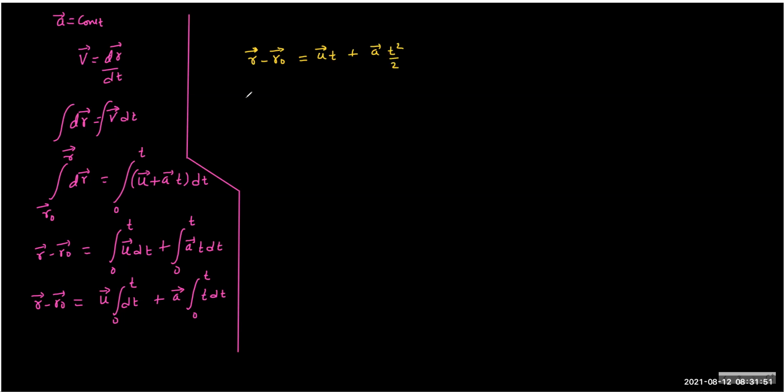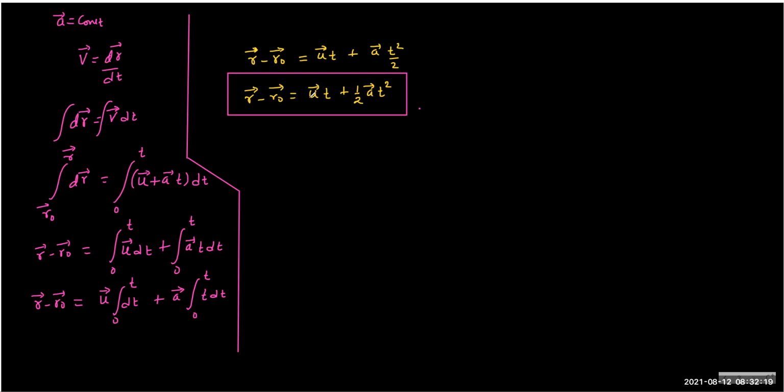So we can also write it as ut plus half a t square. What you need to realize is that when you write one vector, it is like a packet of multiple variables.